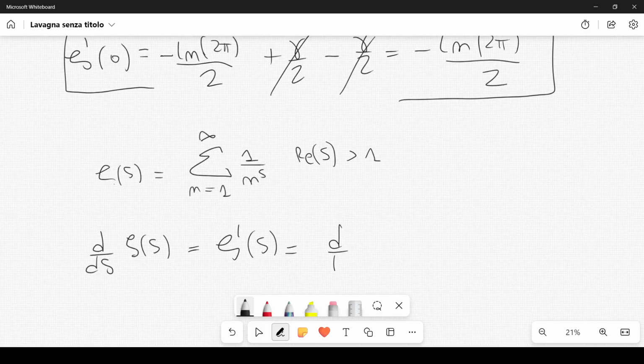So just define it as zeta prime of s. This is the derivative with respect to s of this infinite summation from 1 to infinity. We can rewrite 1 over n to the s as e to the minus s natural log of n.